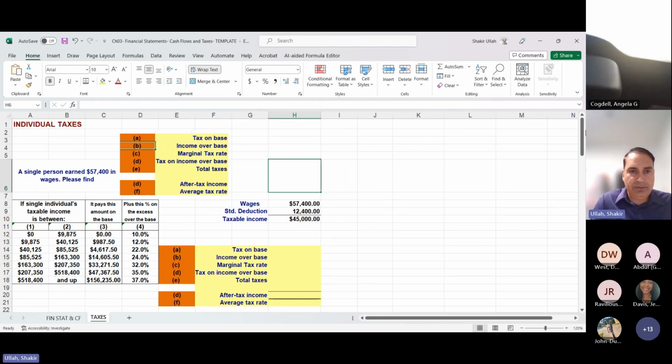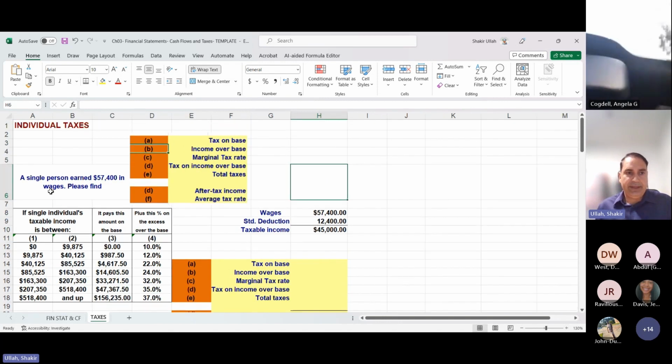But most of the people don't know what's going on in the background, and I will just take you through an example to show you how your taxes work. Now, the first thing you need to understand here is we're talking about a single person individual who earned $57,400 in a year in terms of wages, and we want to find the taxes.